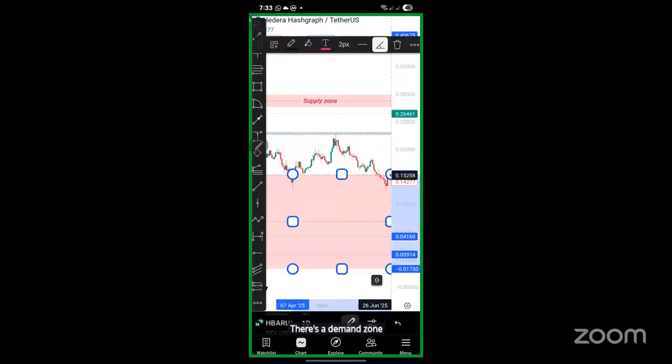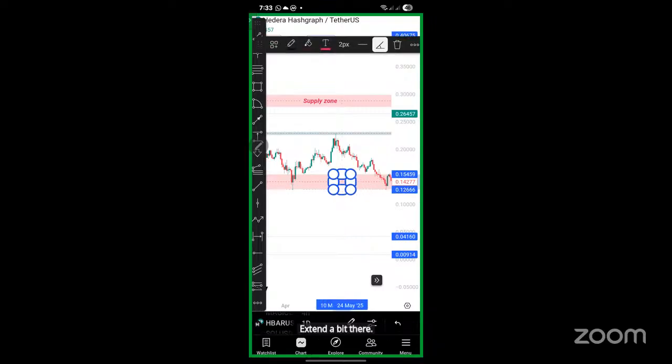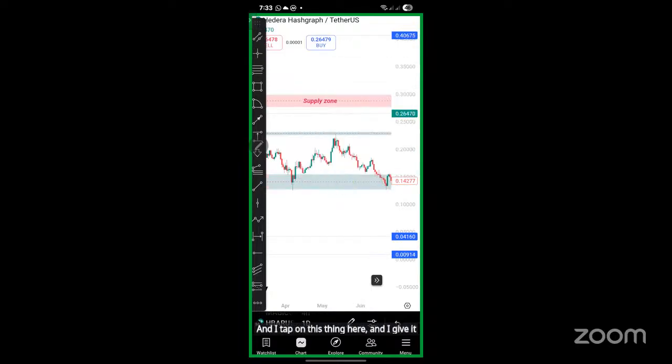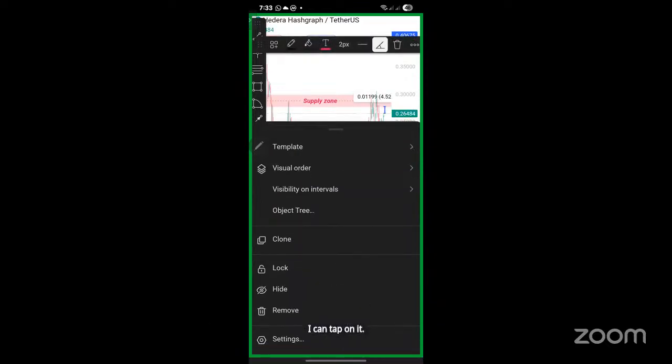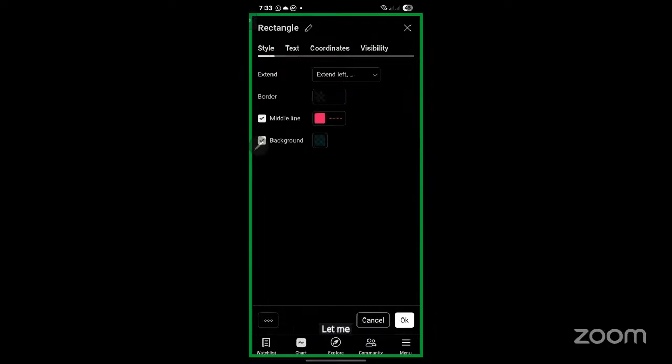Tap on it, move this one, extend a bit there. Since it is a demand zone, I tap on it and give it a green color like this. Green color, okay? I don't extend it to the right, and neither do I extend it to the left.